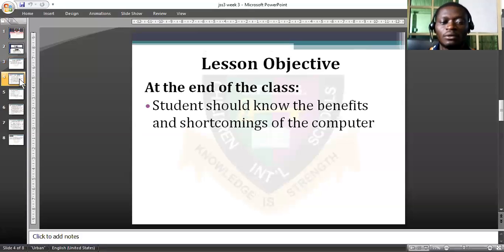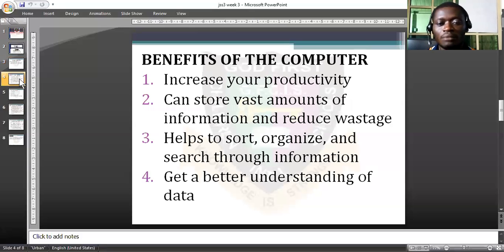Now, like we all know, computer nowadays is becoming a tool we cannot do without. Computer is a tool that is helping to shape and increase our productivity. It has become an important gadget in our daily life.